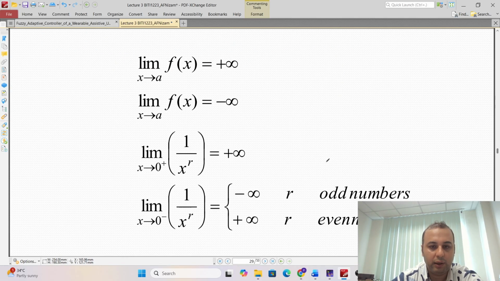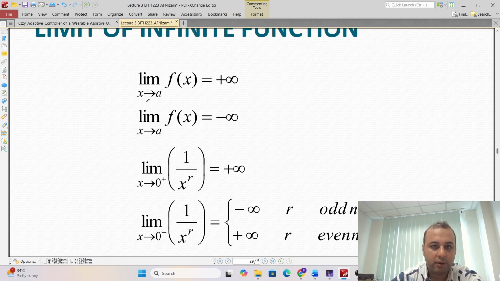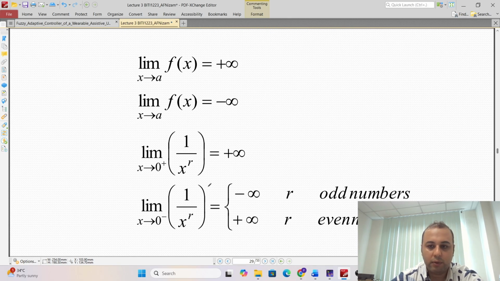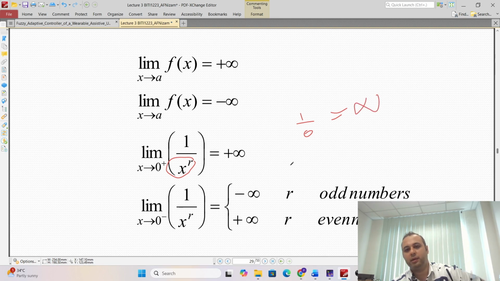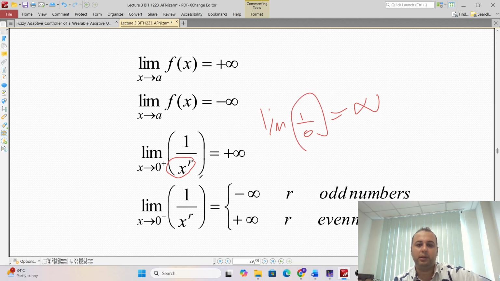Limits of infinite functions. So if, okay, in the condition that 1 over 0 means infinite in mathematics, in limits. If you have 1 over 0, it means it is approaching infinity.